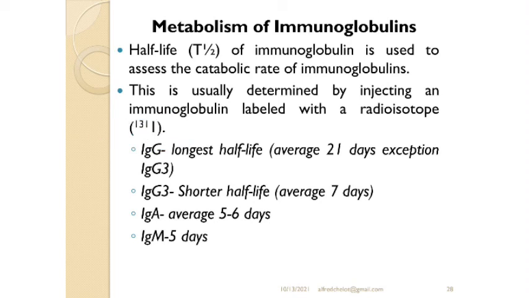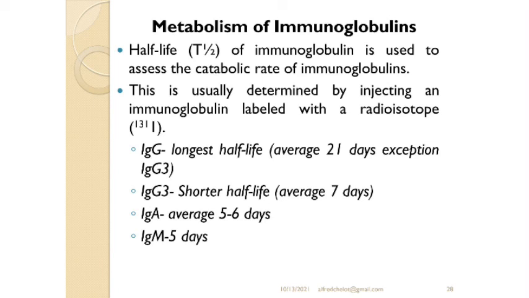So for example, when we consider immunoglobulin G, it is the immunoglobulin class with the longest half-life, an average of about 21 days, with the exception of the subclass 3. Understand, we said immunoglobulin G has 4 subclasses.